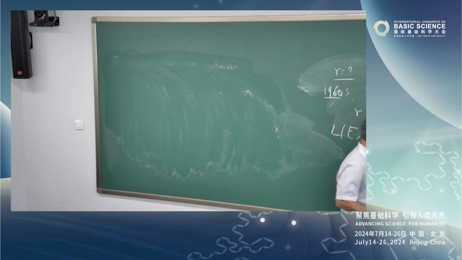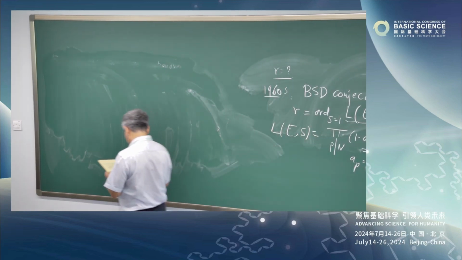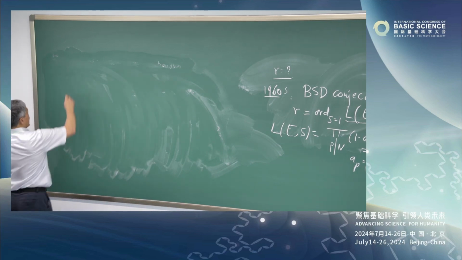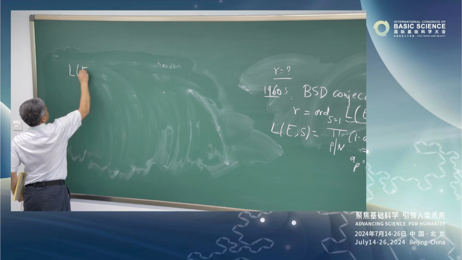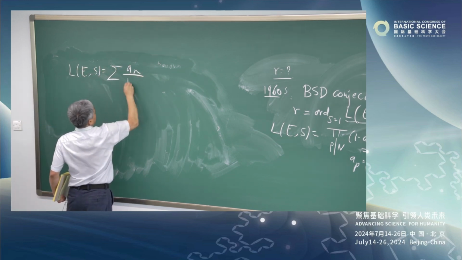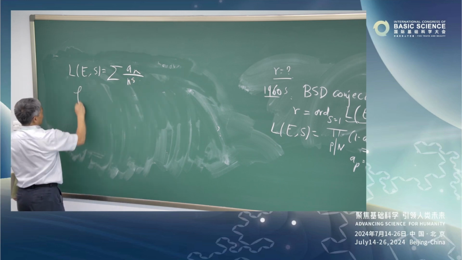It's like you read Japanese but you don't have a Japanese machine to translate it out. So the idea is the following. The idea is to start with E, write the L-series with an N to the s, then form the modular form.